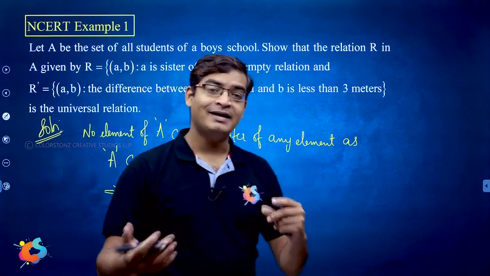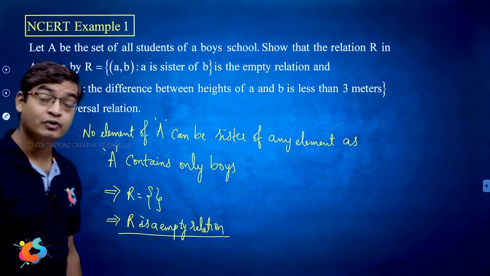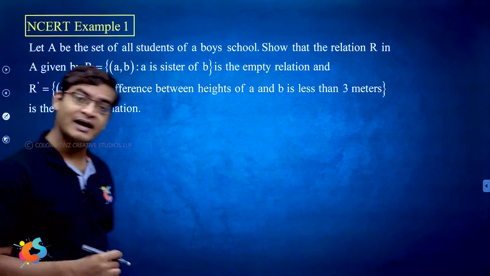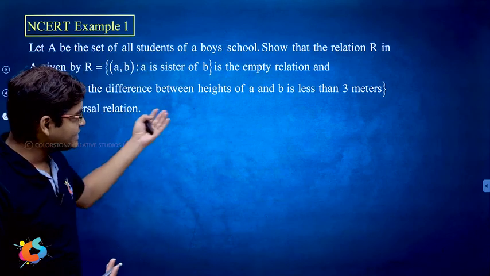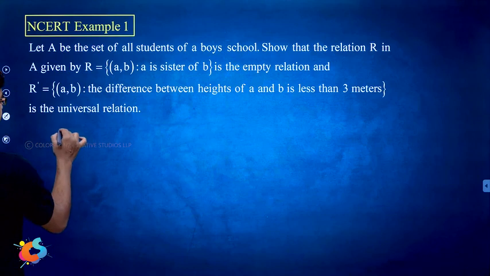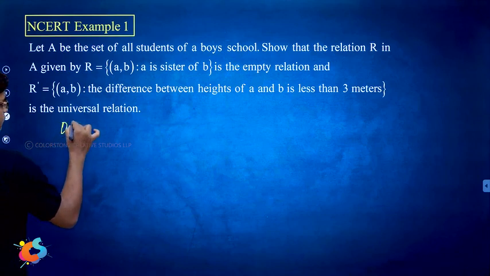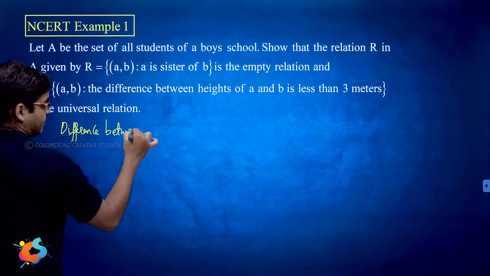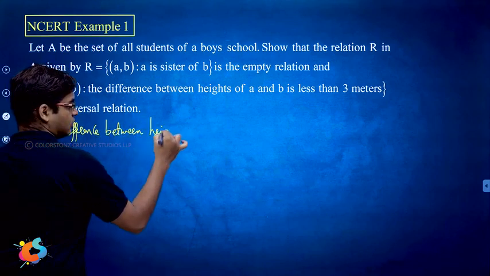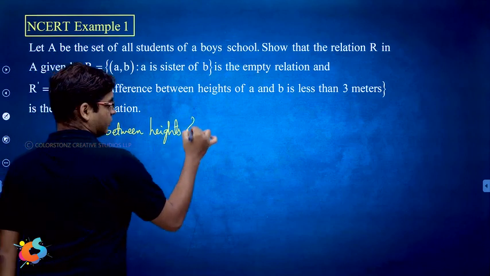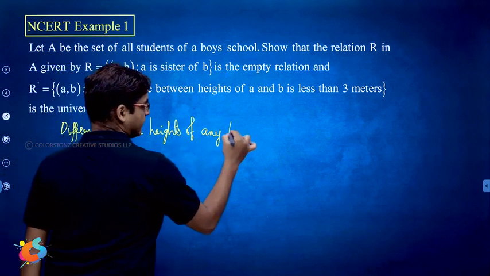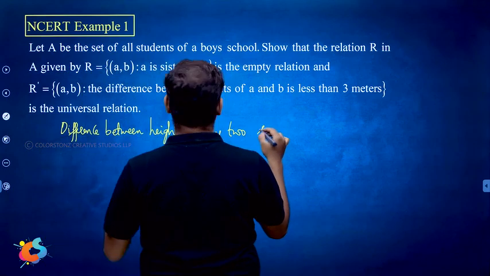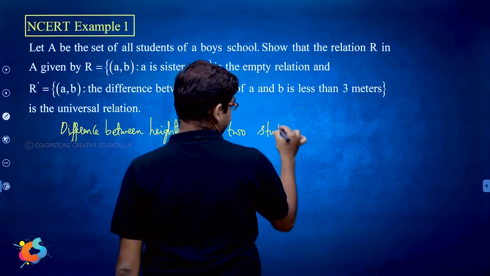First part is completed. Let us come to the next one, and that is we have to show R dash is a universal relation. So therefore we have to show R dash is equal to A cross A. And just before we have seen, that is also very easy. Difference between heights of any two students, or any two humans for that matter, but here they are students, so let us write students.